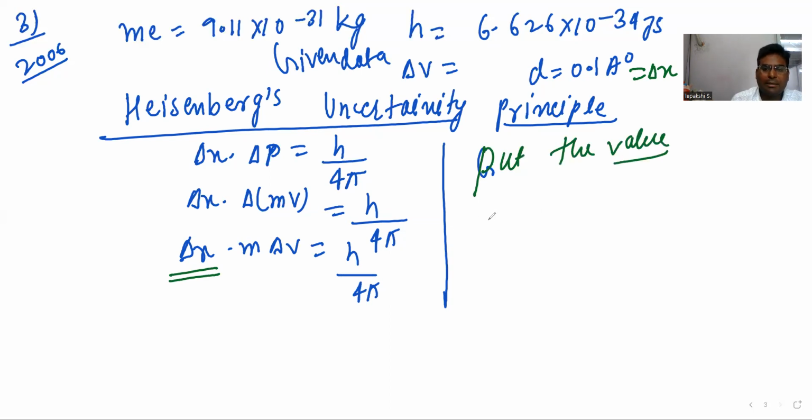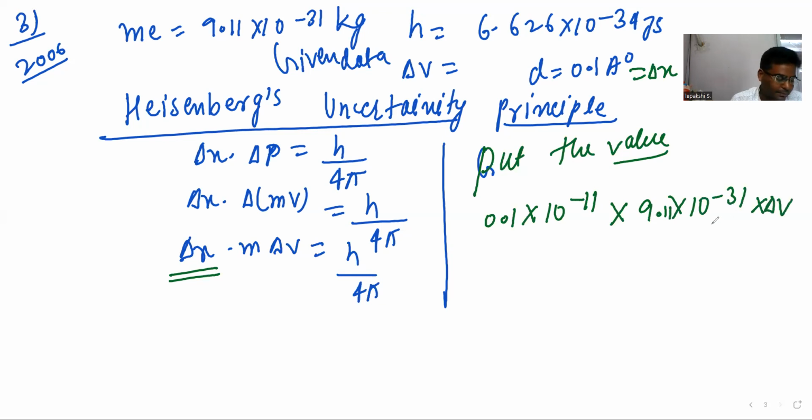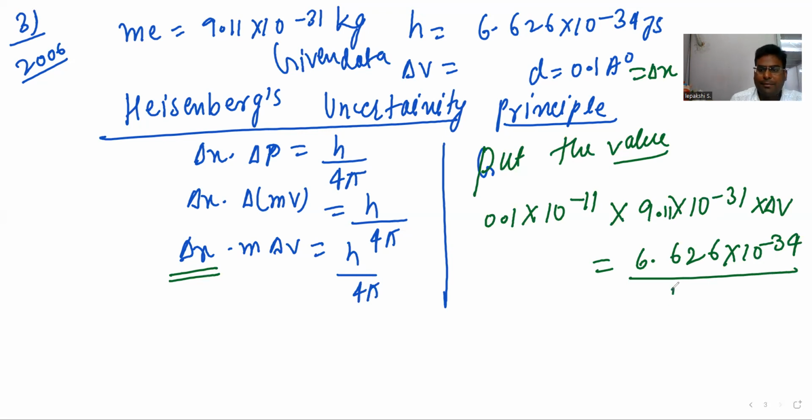So delta x is nothing but 0.1 angstrom, that is 10 raised to minus 11. Mass of electron is given, 9.11 into 10 raised to minus 31, into delta v is equal to Planck constant, 6.626 into 10 raised to minus 34, divided by 4 pi.